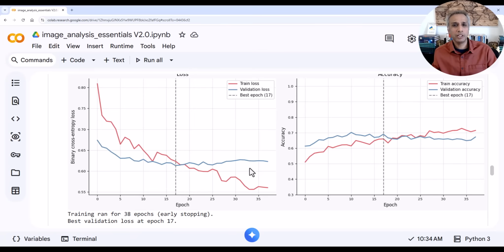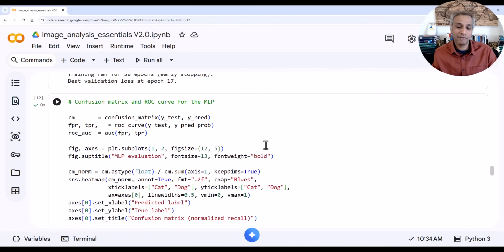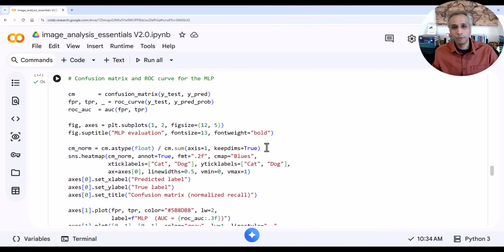It's learning a lot about the training images, so it can probably give you very good discriminative power for the images that were used as part of training, but not for the testing ones. That's not good. But of course, this is a very shallow model, not many neurons, and handcrafted features are bad. So that's the reason.